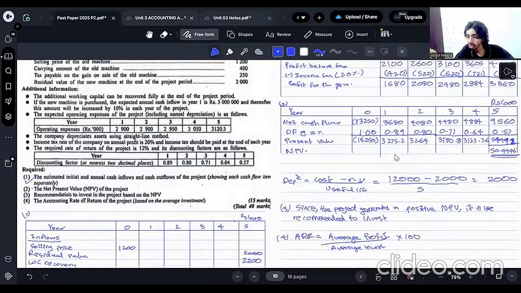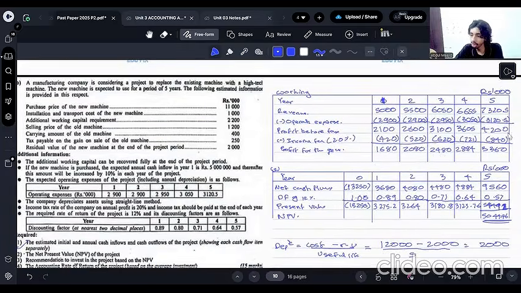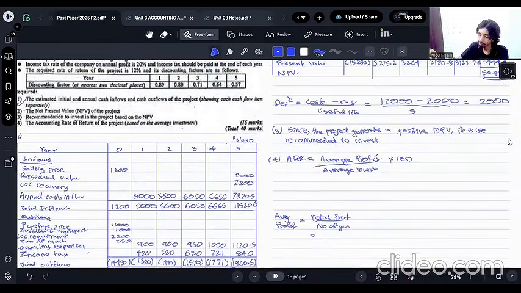Total profit, now add all of it, 1680 plus 2080 plus 2480 plus 2884 plus 3360, that is 12484 divided by number of years, 5 years. Average profit will be 2496.8.